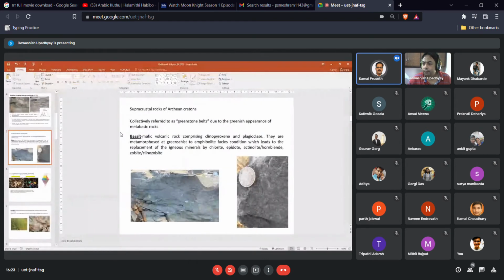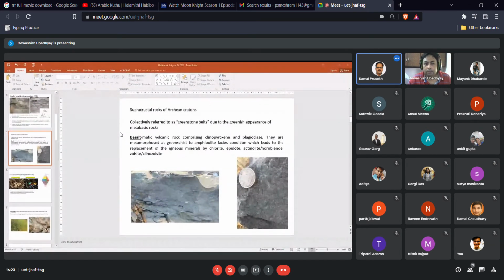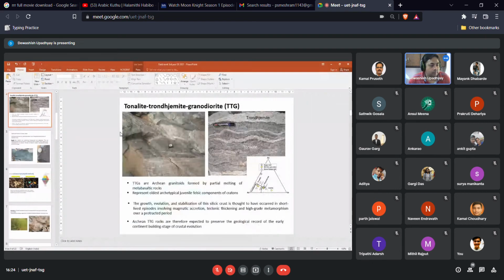When you change the slides, it comes. It is stuck on the basalt slide. Now the TTG.